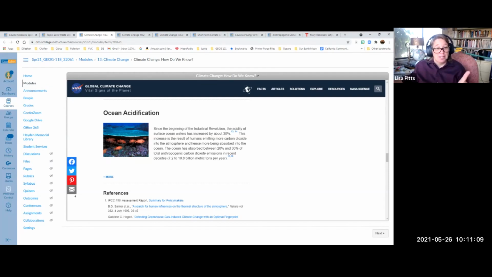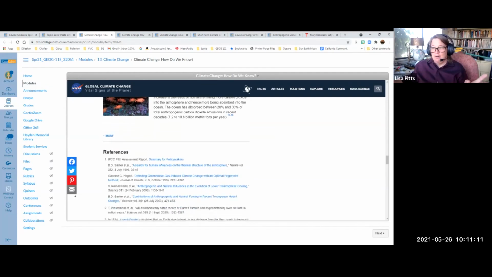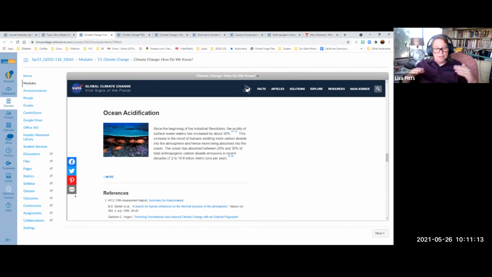It's becoming more acidic, but it's still on the basic side, right? So maybe you jot that stuff down. You can take notes. I'm not collecting them or looking at them, but you need to know what some of the indicators of rapid climate change are. That's what this page is about.